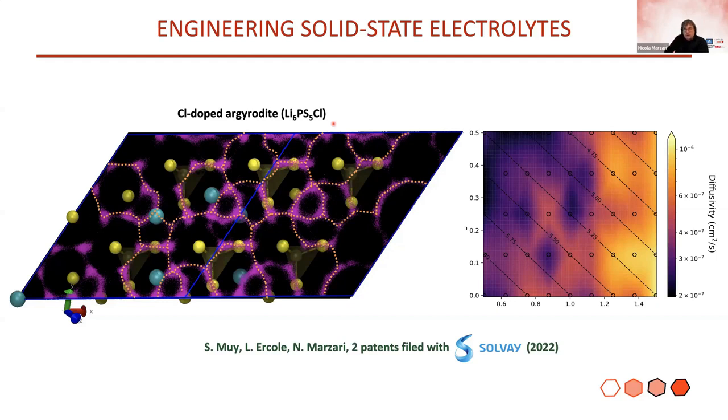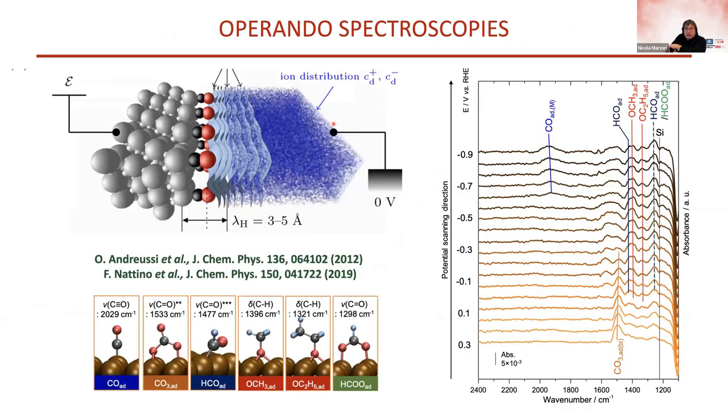And these techniques can even be used to start and engineer materials that are very relevant to industry. This is an example of patents that we have done with Solvay, finding optimal compositions and doping for solid state electrolytes.